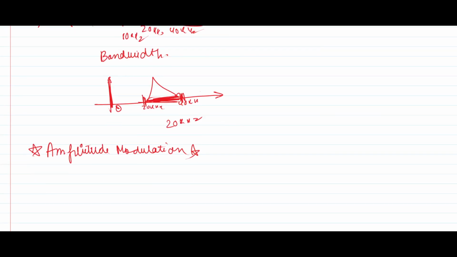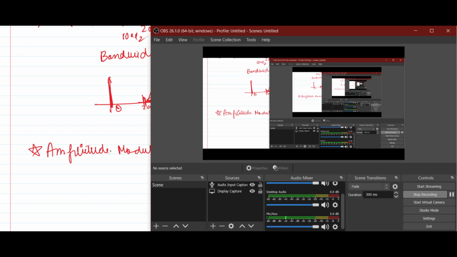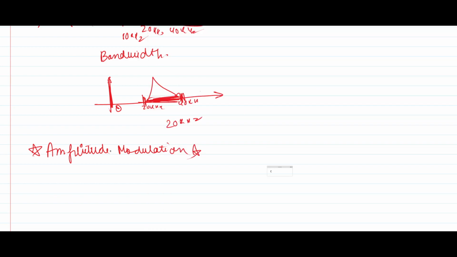Talking about amplitude modulation, the most important thing is that the carrier is being modulated according to the amplitude of the message signal. The one which is changing is the carrier. Sorry, I had an issue with the network connection. I'm resuming it. So amplitude modulation.